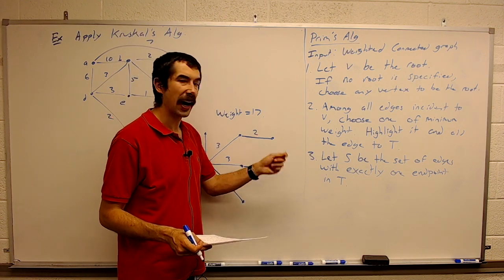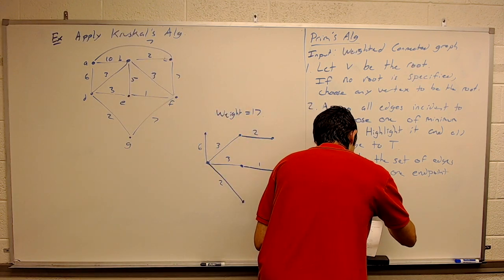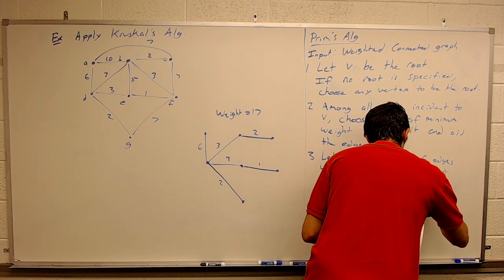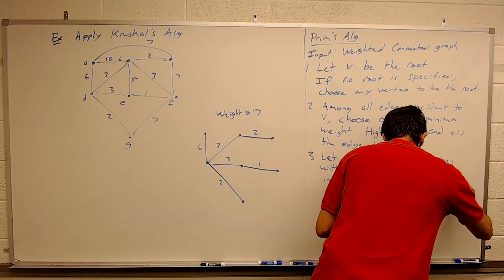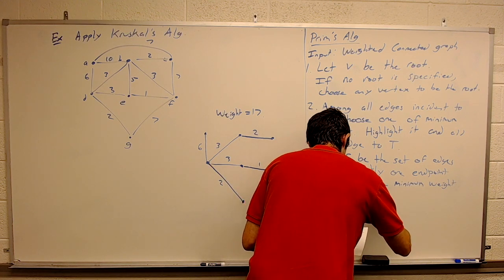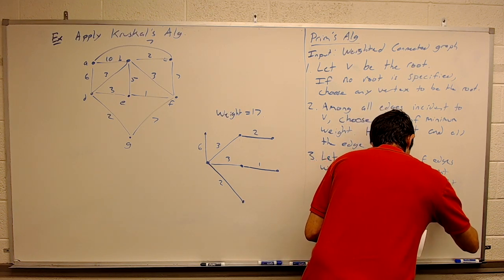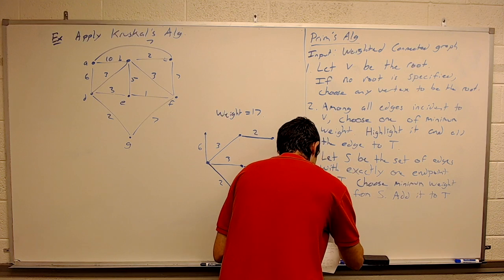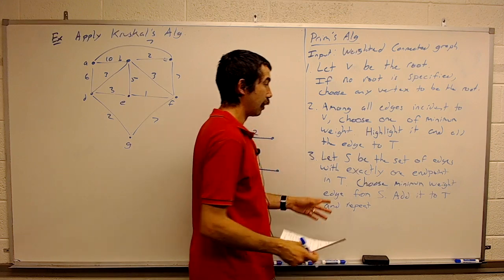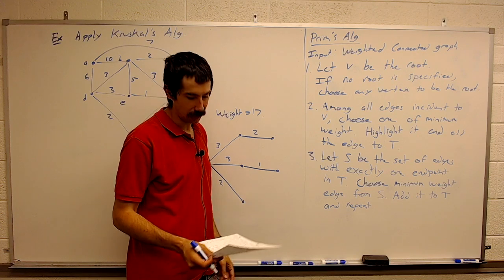Okay, we are going to find the shortest edge in S. Okay, we're going to find the shortest edge in that set, add it to our tree, and then repeat this process.